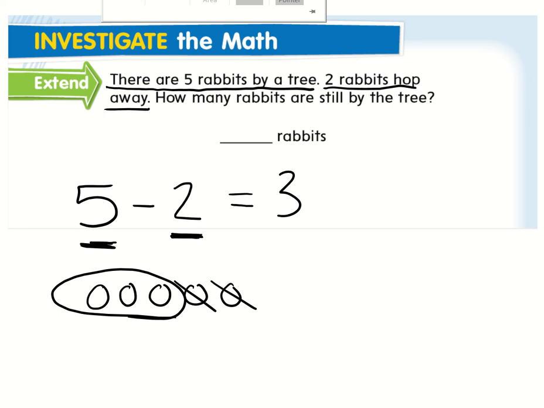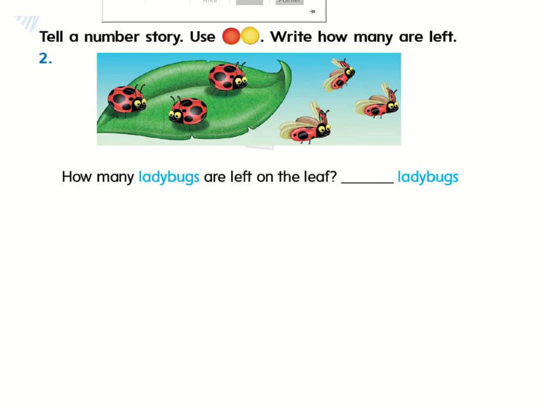Let's take a look at our next problem here. This is a number story when we're just looking at a picture. So I want to look at what it's asking me. It says how many ladybugs are left on the leaf. So what I need to do first is check to see how many ladybugs are all together. I've got 1, 2, 3, 4, 5, and 6 ladybugs all together up top.